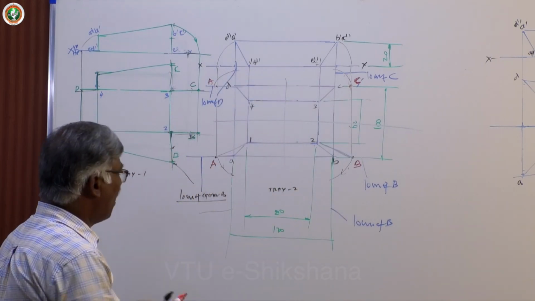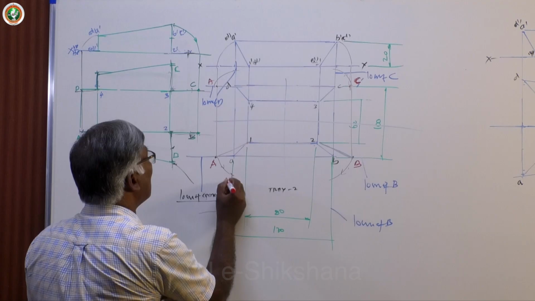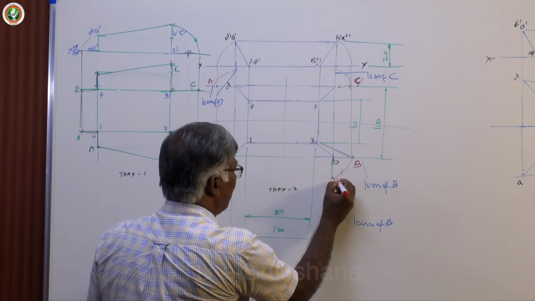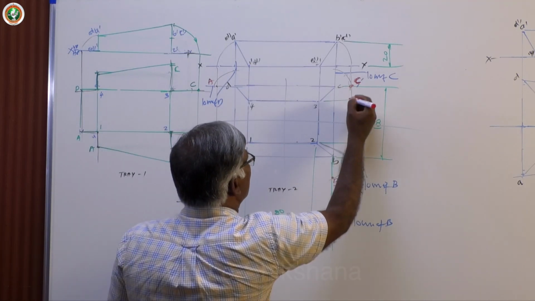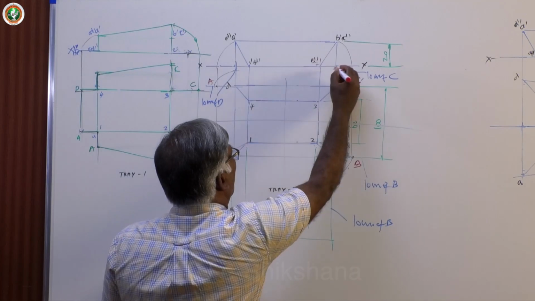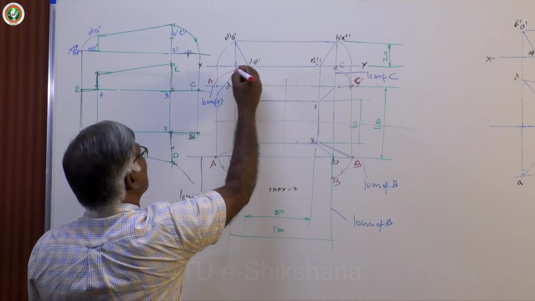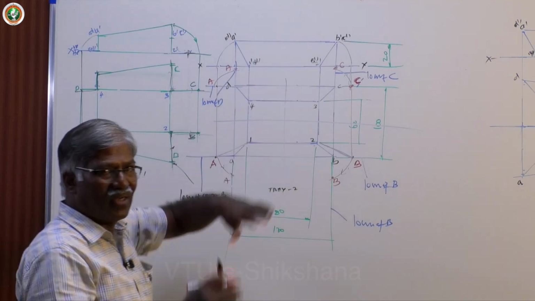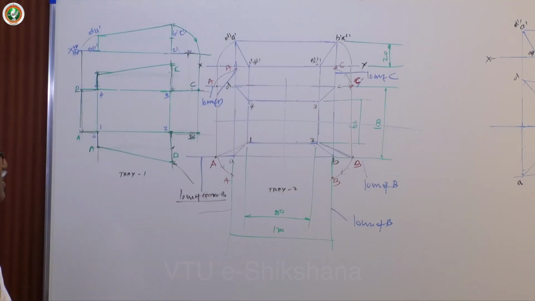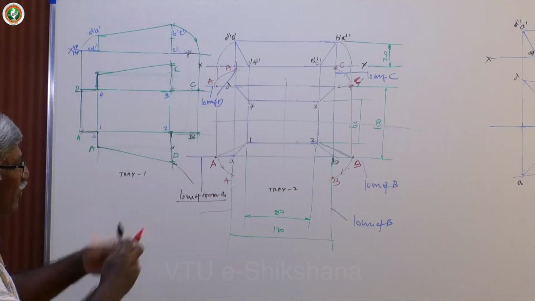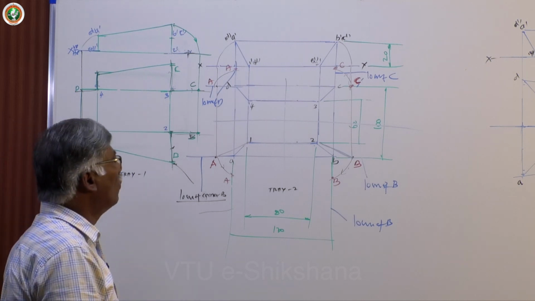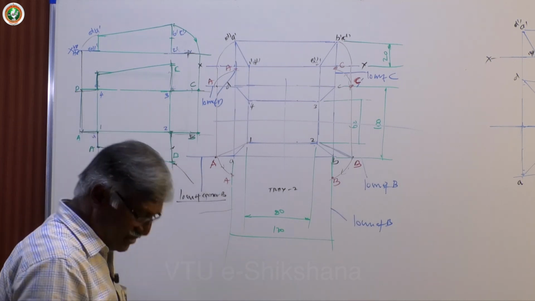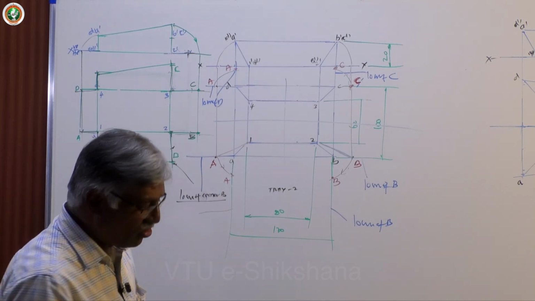Then, mark this as A, capital A. Again, this is capital B. C is already identified on the perpendicular locus. This is C. Again, this is on the perpendicular. This is A. See that this gap is more, so that the lateral surfaces development will occupy it. Otherwise, you have to face an overlapping problem. Now, start working for the completion of this.